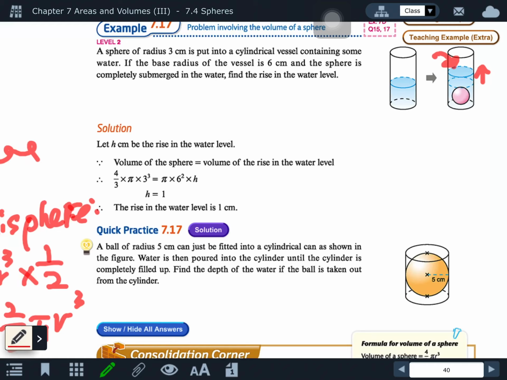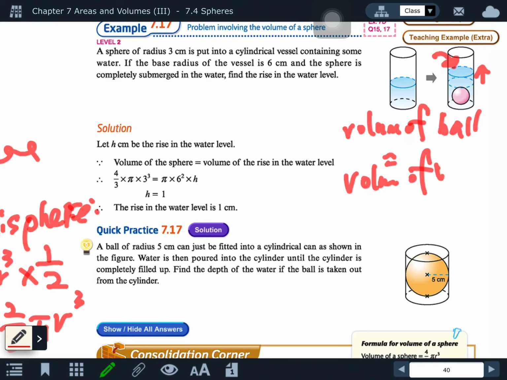The only thing we need to know is that the volume of the ball is equal to the volume of the water raised. So we just need to compare these two volumes together, and then we find the answer. Remember, the raised part of the water is a small cylinder, base area times height.